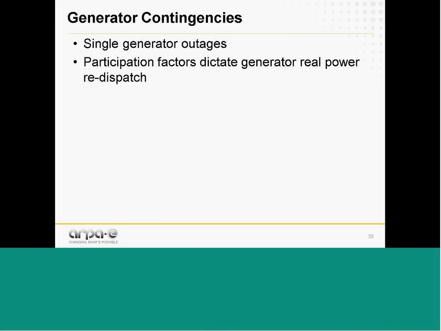I will make one important note here as well. You want to see how this connects to the industry. California ISO is changing its market structure to introduce generator contingency modeling in their day-ahead integrated forward market, IFM, such that they rely on participation factors within their security-constrained unit commitment model. Okay?